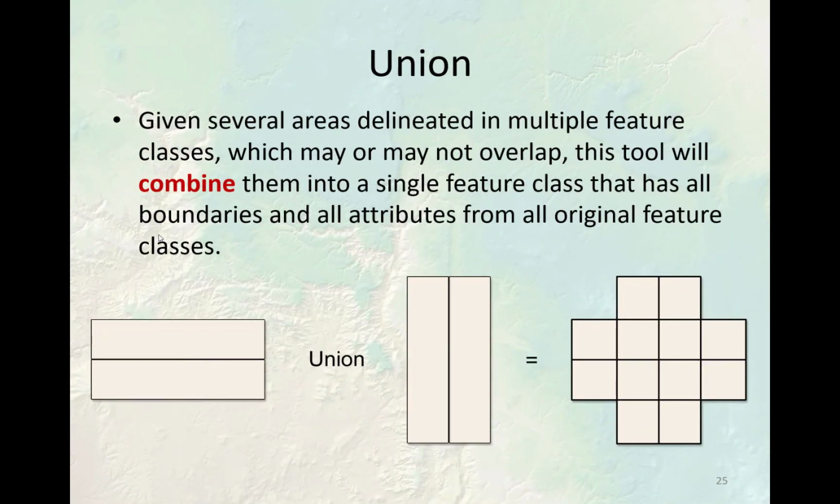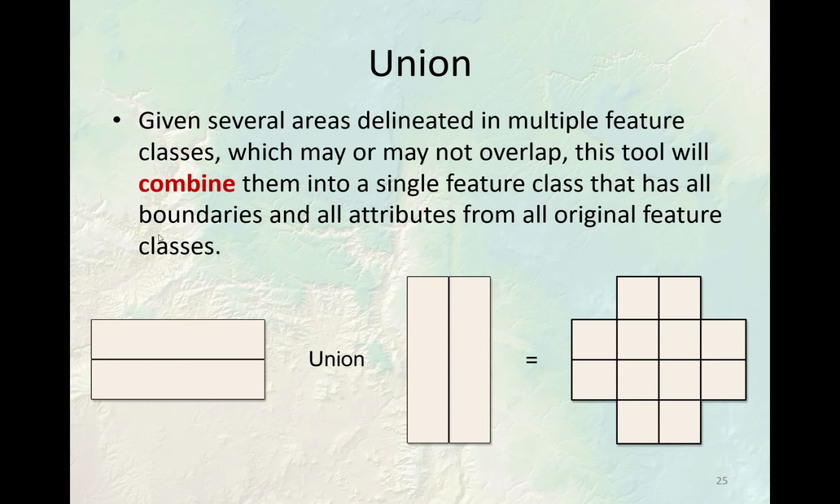The union tool does something similar to the intersect as well, except remember the intersect only produced features which overlap the original source feature classes. The union tool will bring in all regions that existed in all the source feature classes.